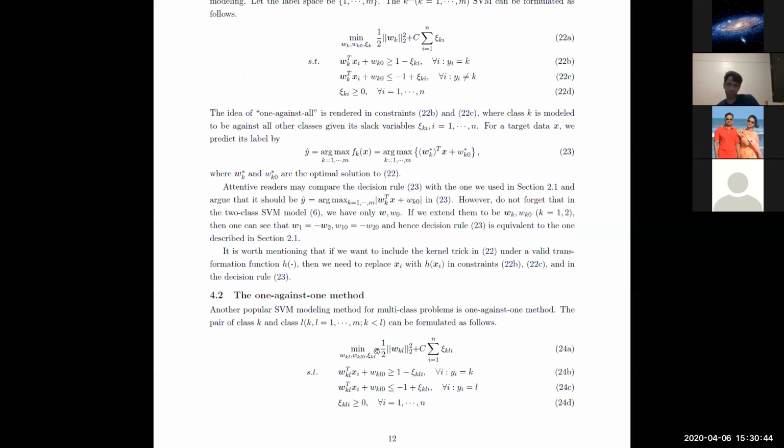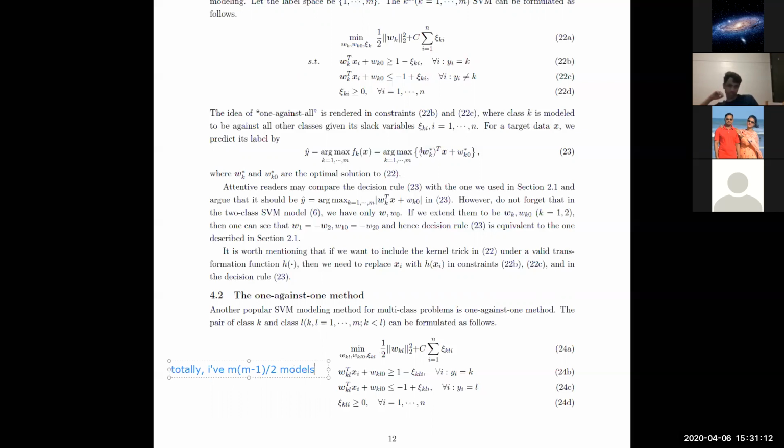So in total, how many models do I have? M choose 2, right? Which is m times m minus 1 divided by 2. I should have so many models.